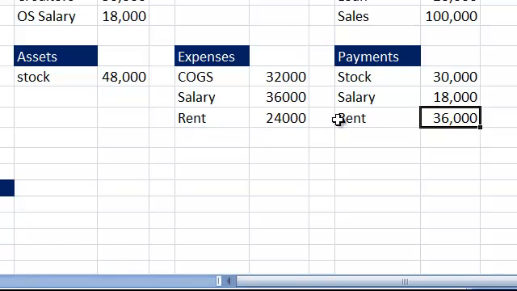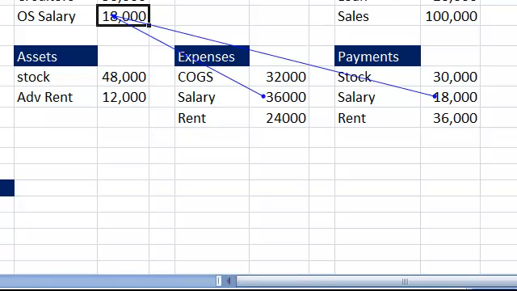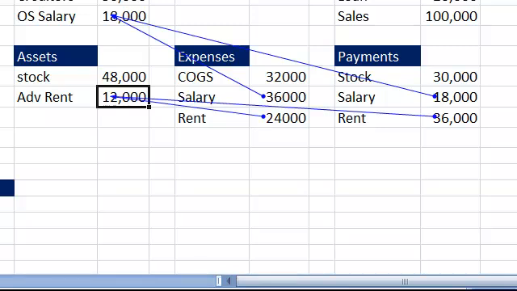So the payment is more than the expense. So there is an advance rent, which is an asset. Let me recap that. For an expense, if the payment is less than the expense, there is a liability. If the payment is more than the expense, it is an asset.